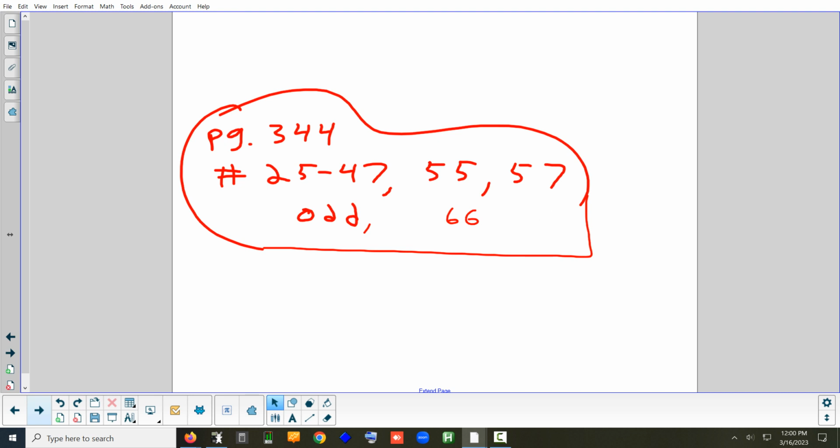So it's 25 to 47 odd, 55, 57, and 66. 66 is the static equilibrium problem. So literally, you can just look at your notes, change the weight to 800, and change the angles to 35 and 50, and do the same thing.